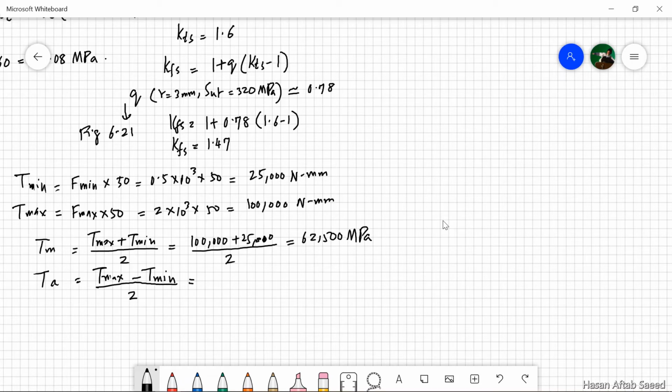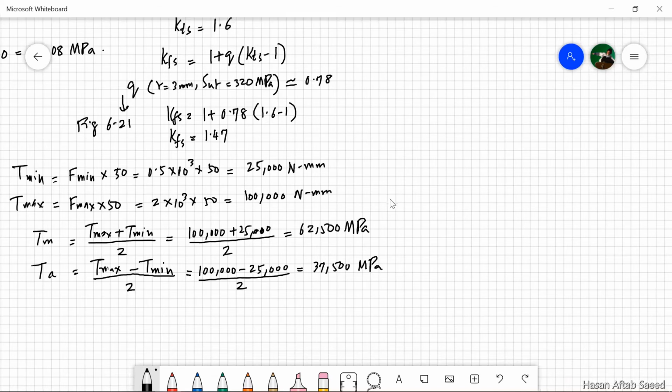In this case, we have 100,000 minus 25,000 over 2, and this turns out to be 37,500. Now with TA and TM, the next step is to calculate tau A and tau M.